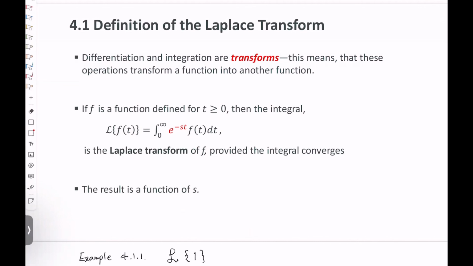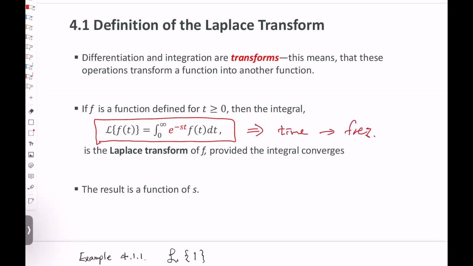So by definition, the Laplace transform of f of t equals the integral from 0 to infinity of e to the minus st times f of t. From here, basically, we're going to go from time domain to frequency domain. As you can see, we need to multiply f of t times e to the negative st, where s is equal to j omega.